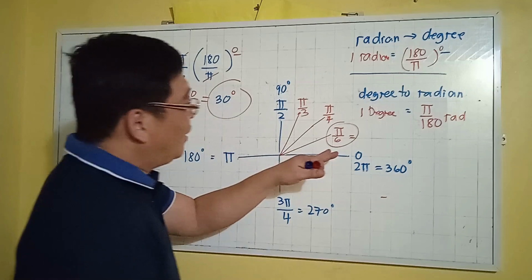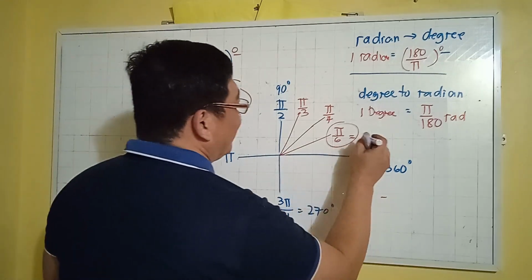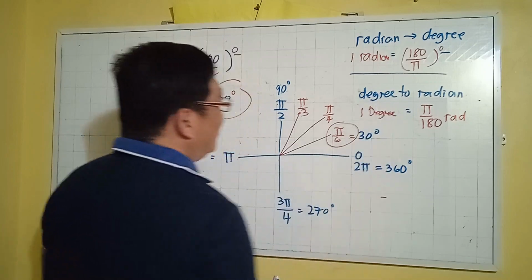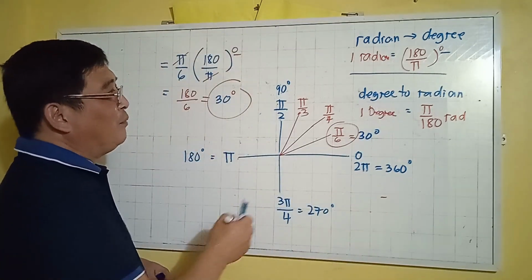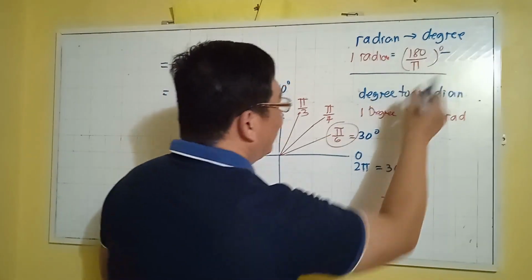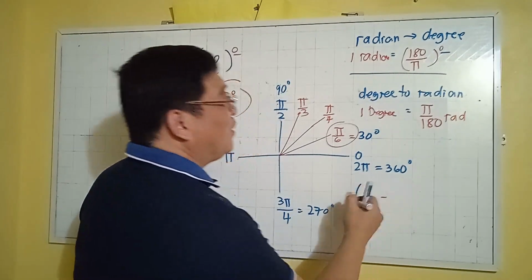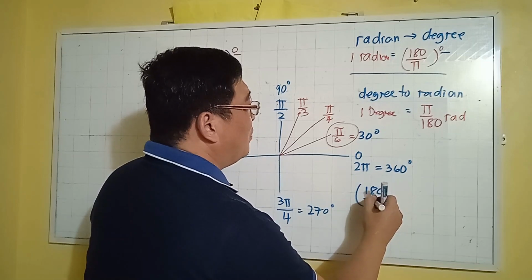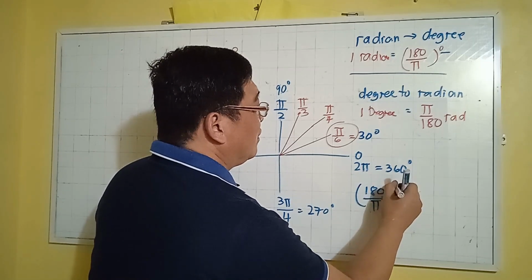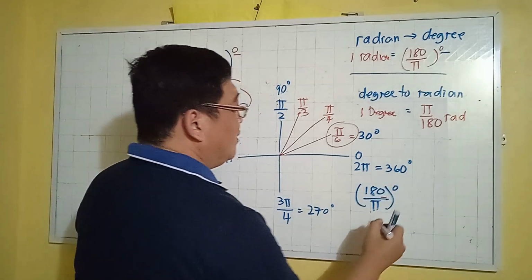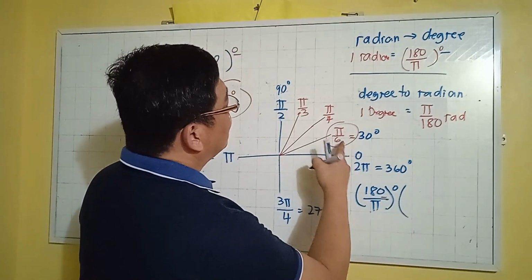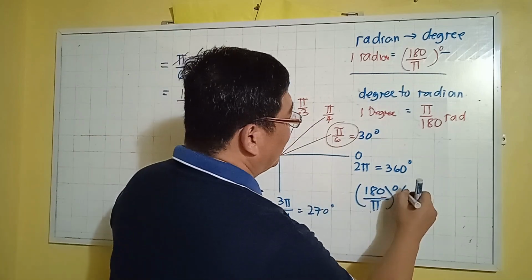Now, halimbawa, hanapin naman natin yung pi over 4. That is equals to 30 degrees. How about pi over 4 para hanapin nyo? Ito pa rin ang gagamitin natin, kahit magkabaliktad yung ilagay. 180 over pi degrees multiply by this one is pi over 4.